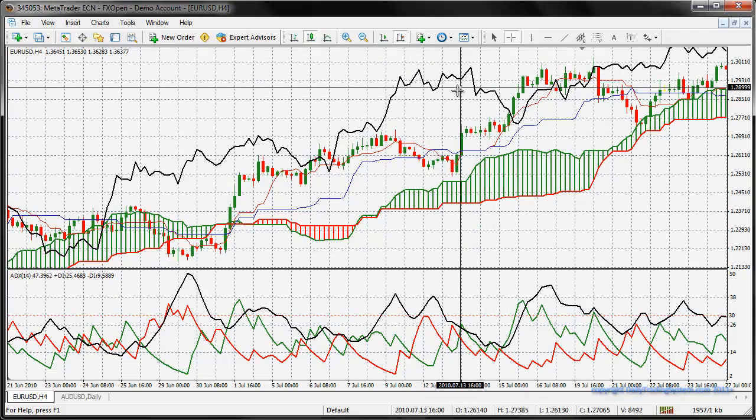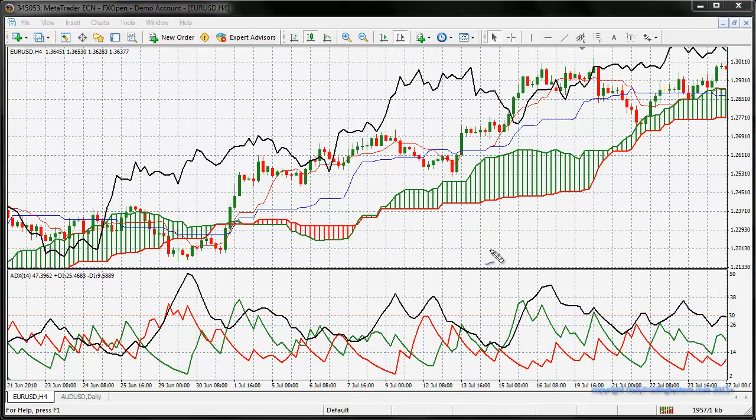Here we can see where the green goes above the red line, so the positive directional index is above the negative directional index right at this point. It's right under the line of that handle there, and that candle is also green. So our first rule is there.